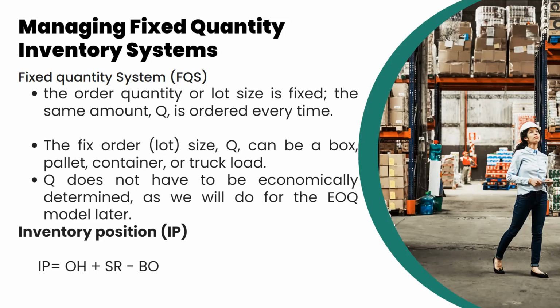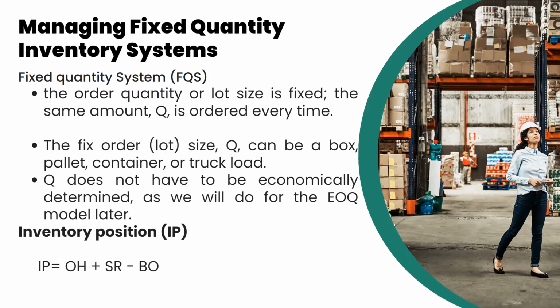And then the fixed order lot size Q can be a box, pallet, container, or truckload. Meaning yung fixed order, for example, may mga store or shop sa Alibaba na hindi sila nagbibigay ng retail, kundi box ng product or maramihan talaga na aabot pang a container ang item or i-truckload pa siya.